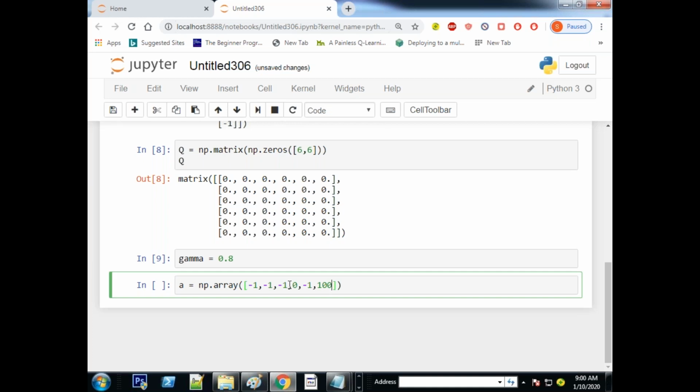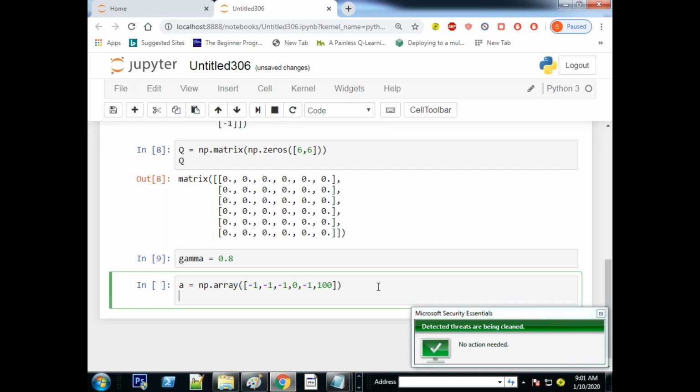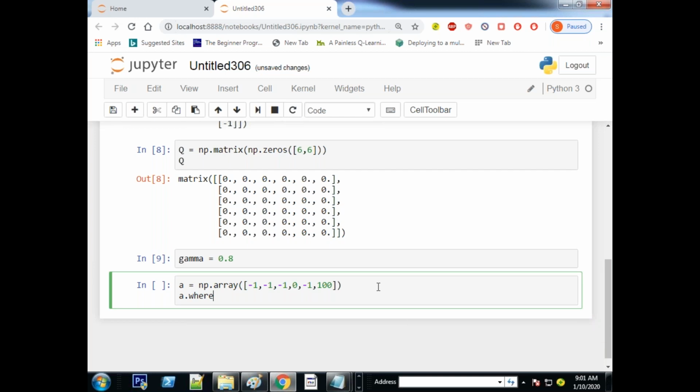Look at only these values. I'm giving a condition: a dot where. A is a NumPy array. In the where, as input you have to give some condition. The condition I am giving is where your value is greater than or equal to 0. For which indices the condition is true, it will get those index numbers.